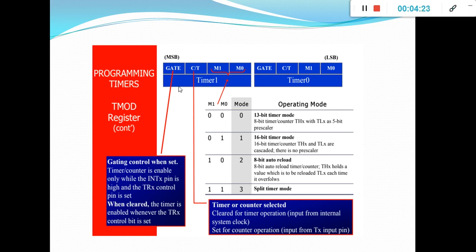Every timer needs a means of starting and stopping, meaning whenever the timer is needed, you have to start it and stop it at some value. In order to start and stop the timers, this gate bit is used.